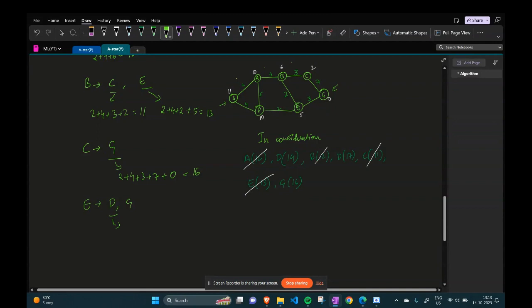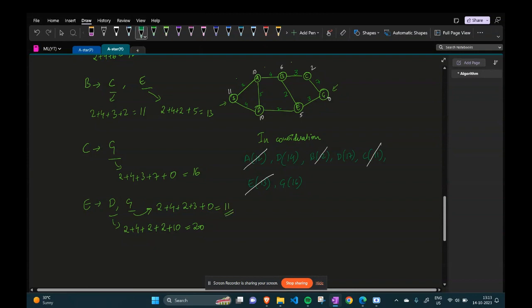If we compute our D value, it will be 2 plus 4 plus 2 plus 2, and the heuristic being 10, which will give us 6, 8, 10, 20. And if we compute our G value, we get 2 plus 4 plus 2 plus 3, and obviously 0 because it's the goal node, and we get 6, 8, 11 as our value.